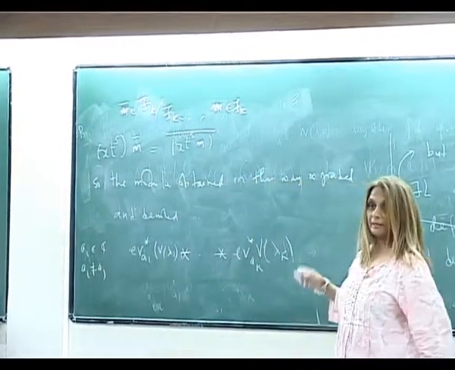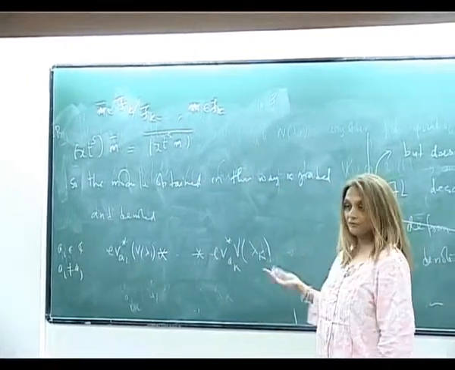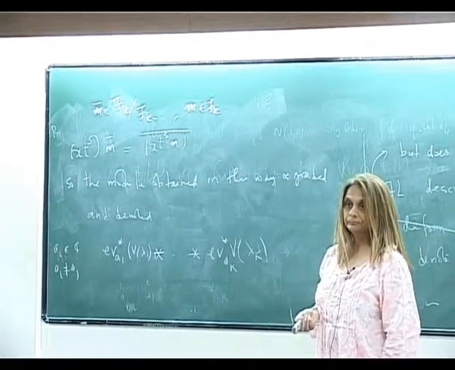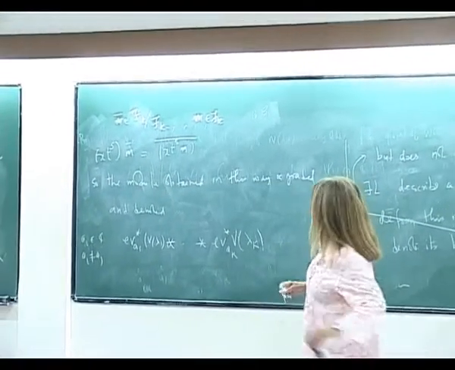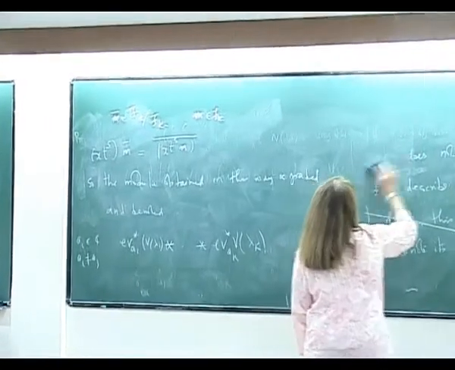So this module that I'm getting depends on my choice of parameters a priori, right? And the conjecture that they have is that it's independent of the choice of parameters.